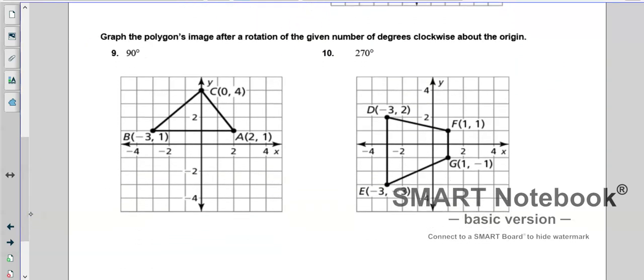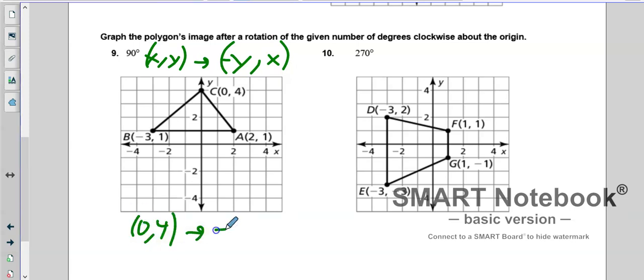All right, graph the polygon's image after this rotation. So 90. So remember, this is going to be on your quiz. 90 shifts like this. The Y moves to the front and becomes opposite, and the X moves to the back and stays the same. So 0, 4 is going to change to -4, 0. -3, 1 is going to switch to -1, -3.